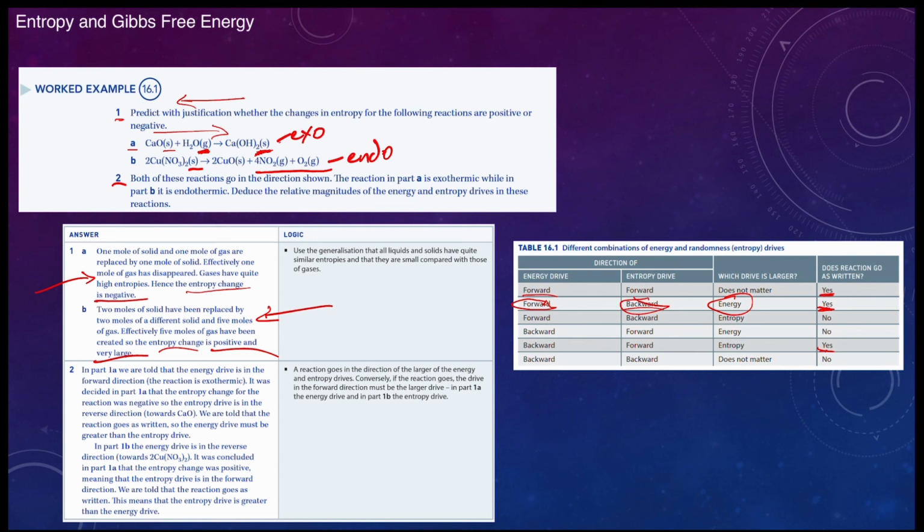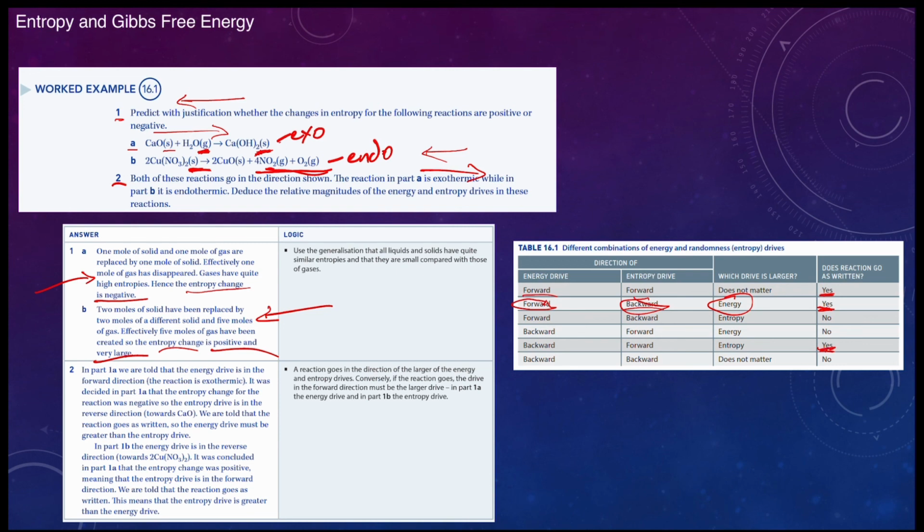So we can do the same for the endothermic. If endothermic, it would mean that the energy drive is backward, because if we reversed it, we'd have an exo. And we're going from a solid to 5 moles of gas. So the entropy drive is in the forward direction. So we would say, yes, it is as written.